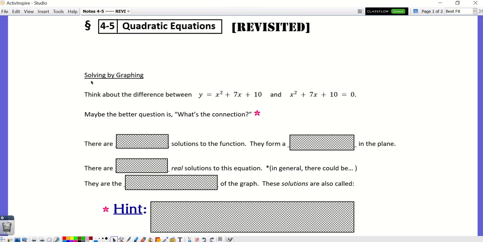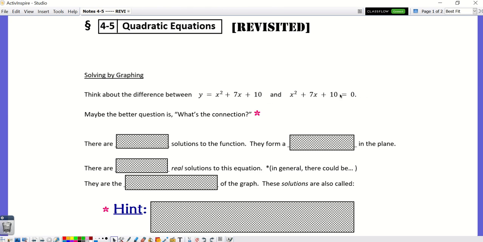So what we're going to be doing here is solving these quadratic equations by graphing. Let's see how this works. I want you to think for a couple seconds about the difference between y equals x squared plus 7x plus 10 and x squared plus 7x plus 10 equals 0.